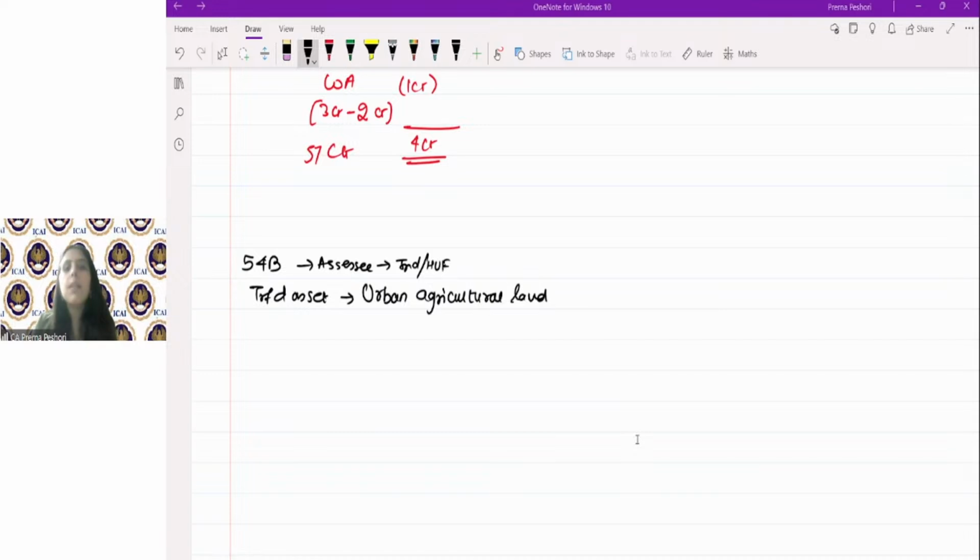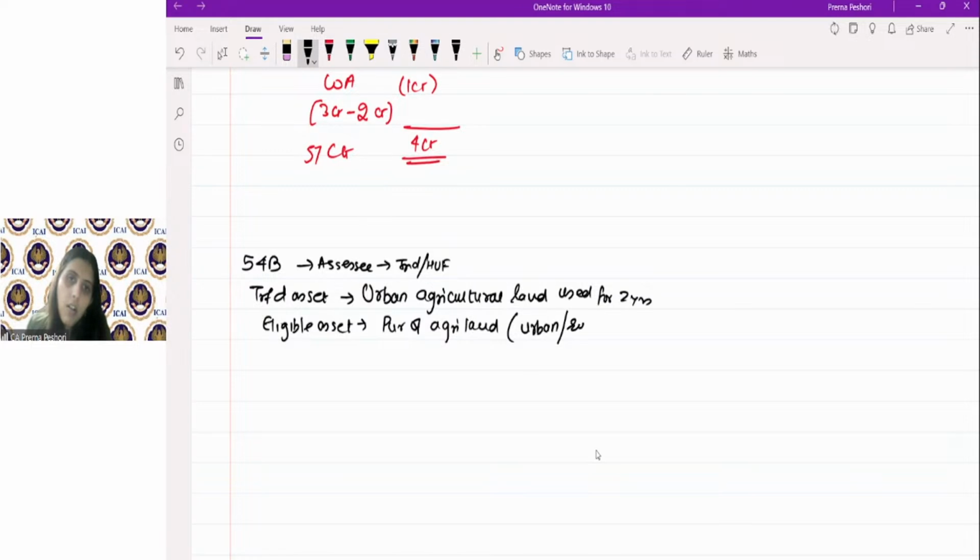And what is the eligible asset? Again, the eligible asset is another agricultural land. Purchase of agricultural land. Now, this land can be urban or rural, both.